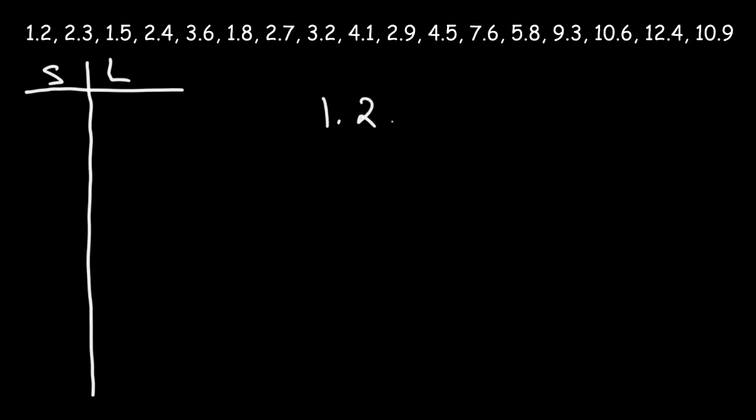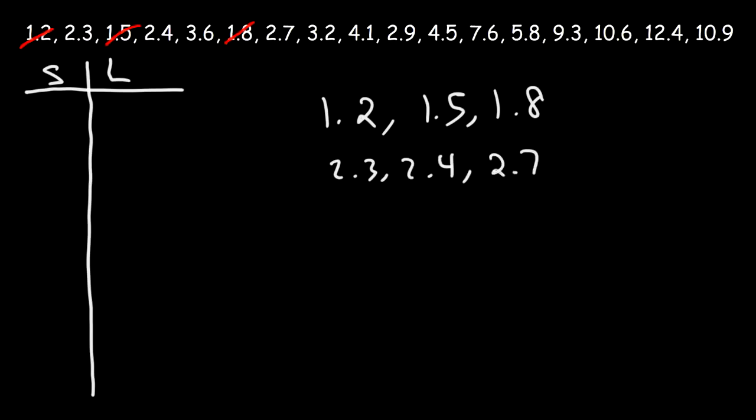So we have 1.2, 1.5, and 1.8. Now between 2 and 3, there's 2.3, 2.4, 2.7, and 2.9, which we could see here.